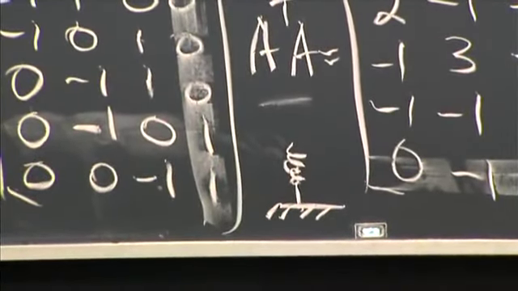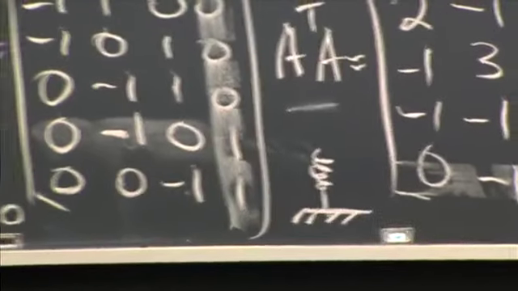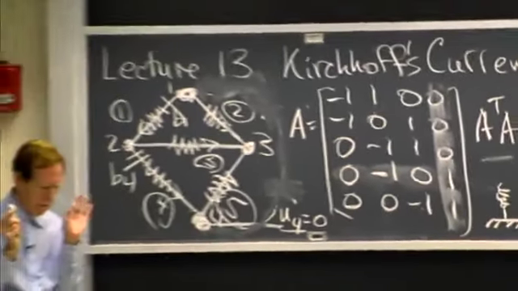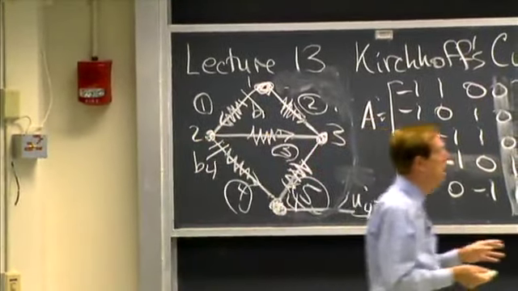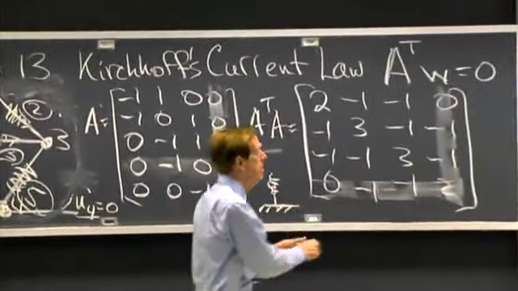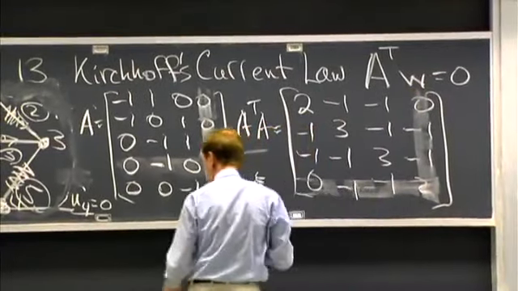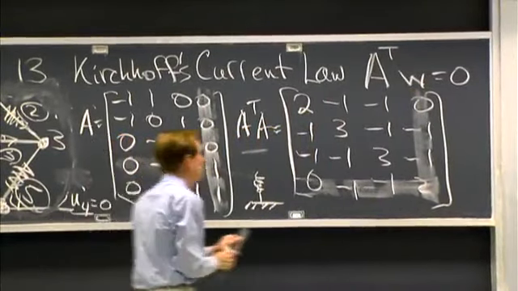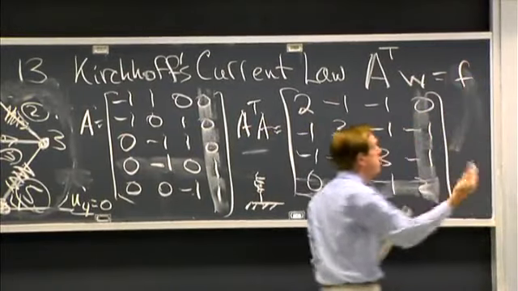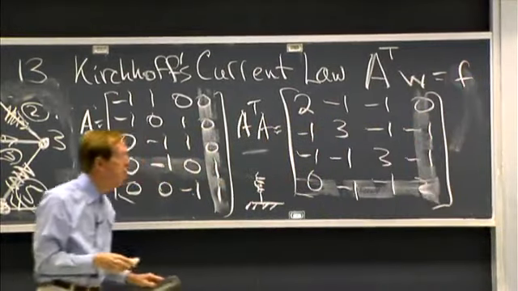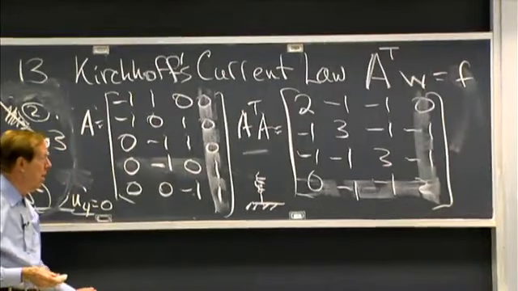Now, I want to try to think through what happens in the balance equation. A transpose W, let me make it A transpose W equal F, because that's the case with right-hand side allowed.